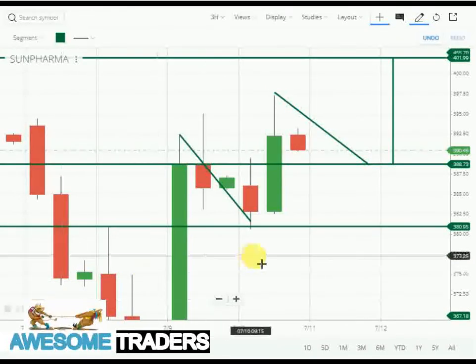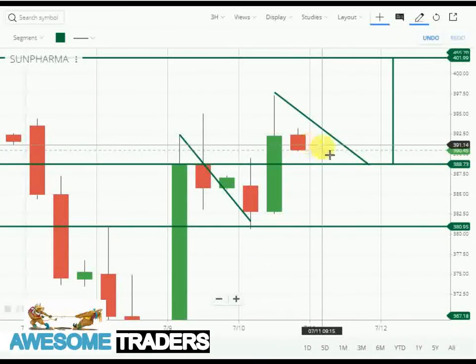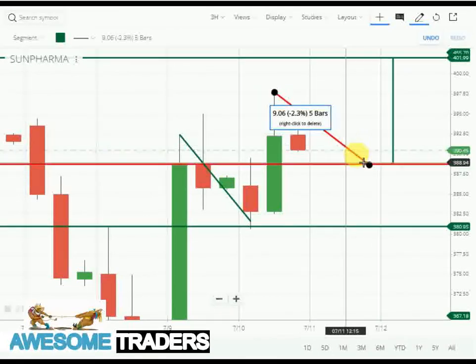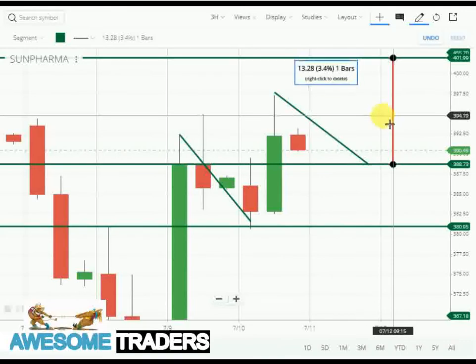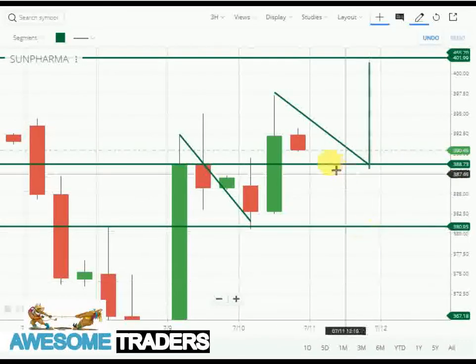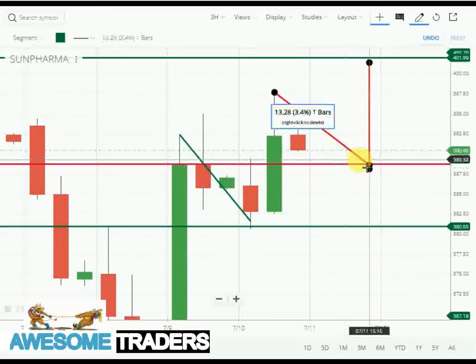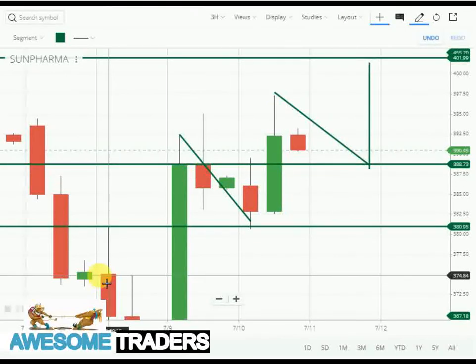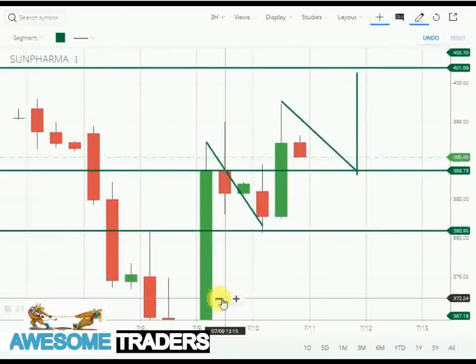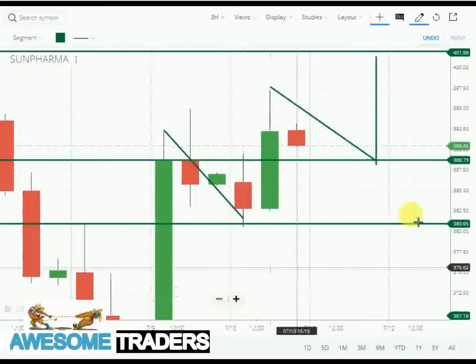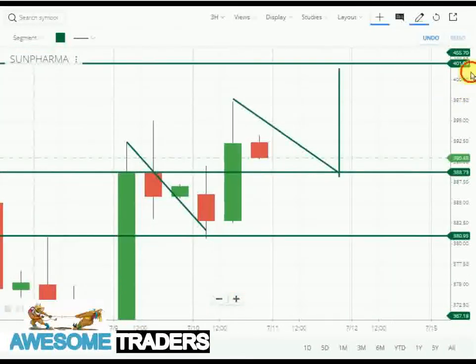I recommend you wait for this candle here, and this is still your support line. So 1 and a 2 and then shoot, right? This is your resistance here, this is your support. This is for intraday basis only.